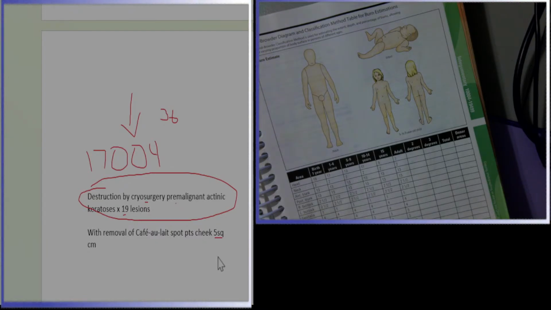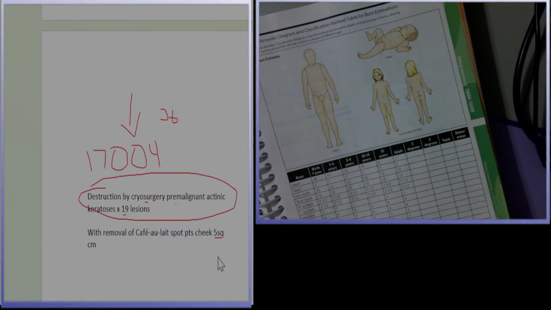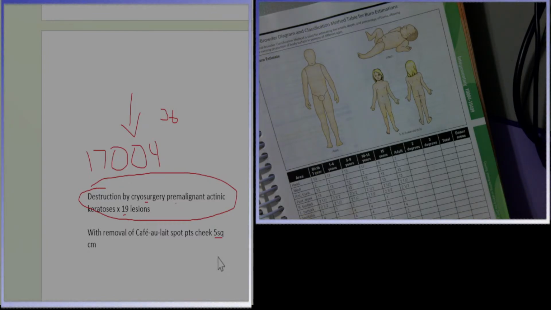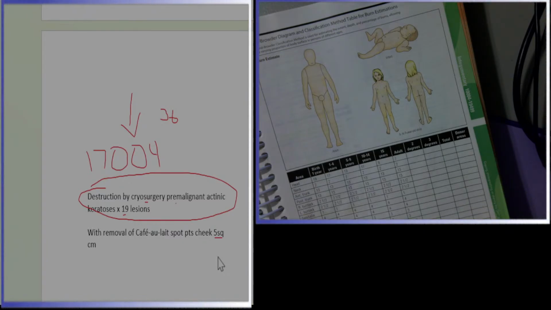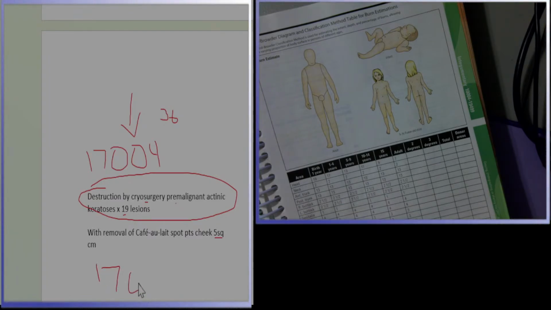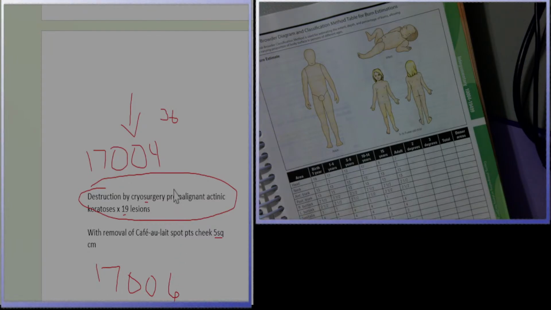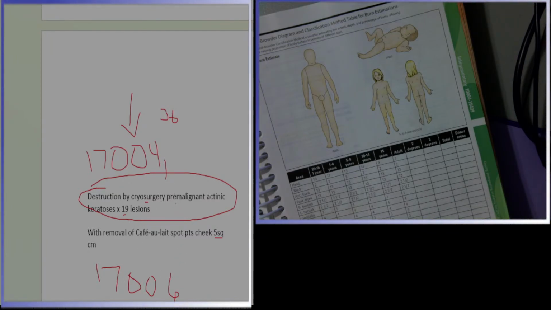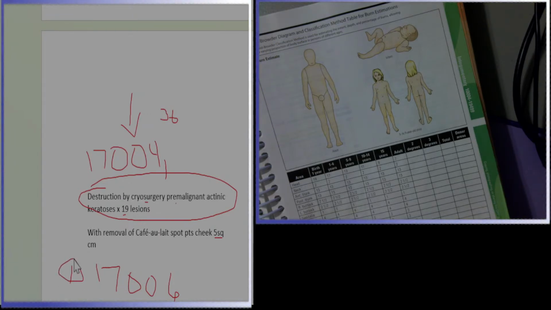What y'all get for that one? Yep, we're going to be under the 106. So we're going to do our 17006. So it simply would be that number with this number, but I bet this one is our first one.